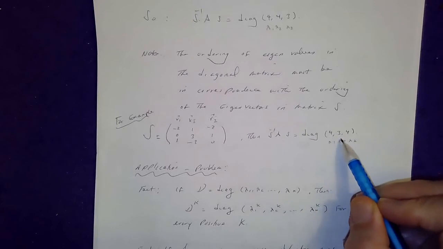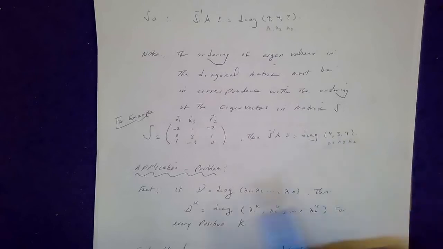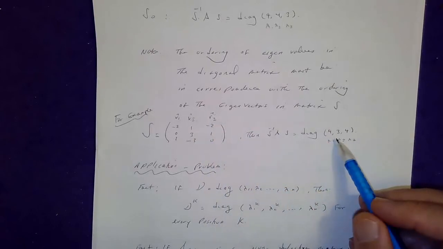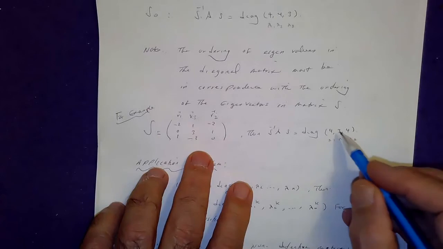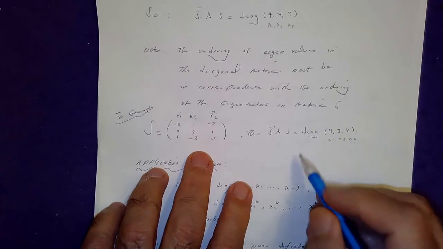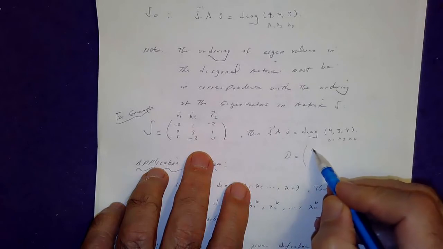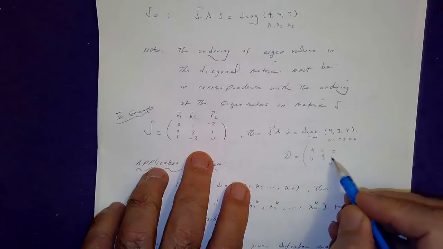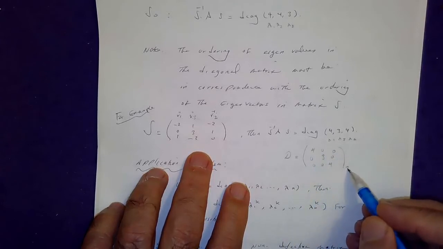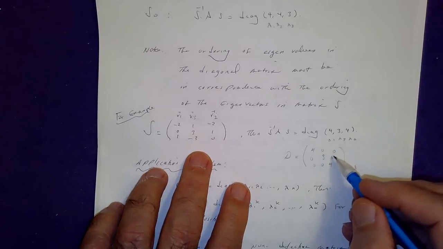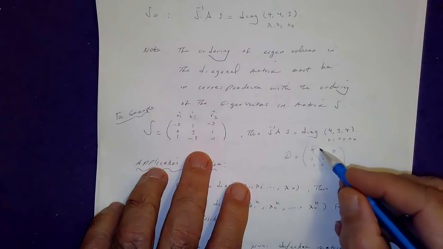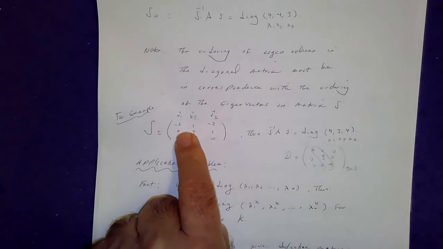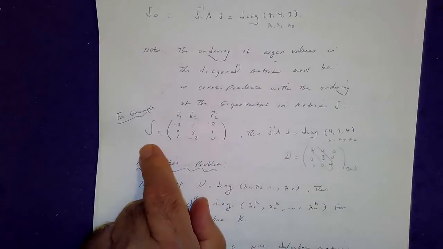Now you have to go lambda 1, lambda 3, lambda 2, because you went V1, V3, V2. In other words, your diagonal matrix is 4, 3, 4 on the diagonal, and everywhere else you have 0. So that will be a 3 by 3 matrix, correct? Its main diagonal elements are eigenvalues, but the way you list the eigenvalues depends on how you listed the eigenvectors in matrix S.